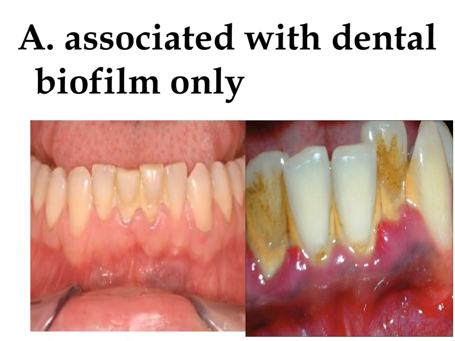First, we will start with gingival disease associated with dental biofilm-induced gingivitis. Before we discuss all types of gingival inflammation, I would like to give you some common characteristics of all gingival diseases associated specifically with dental plaque-induced gingivitis.